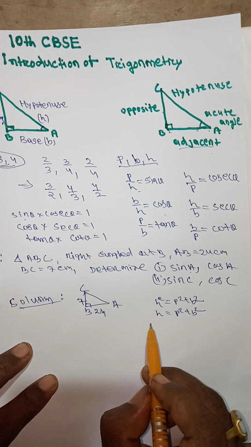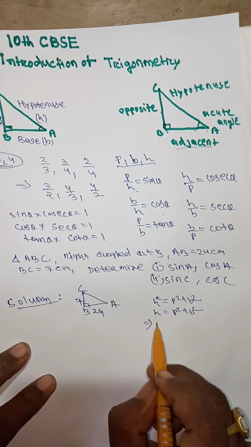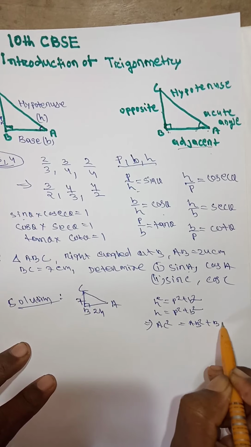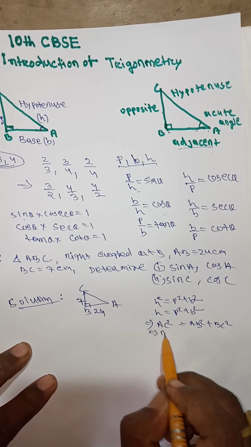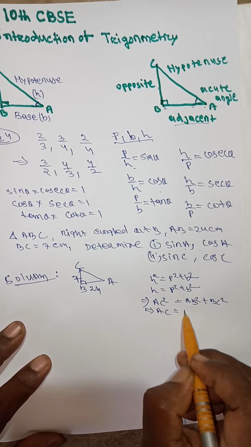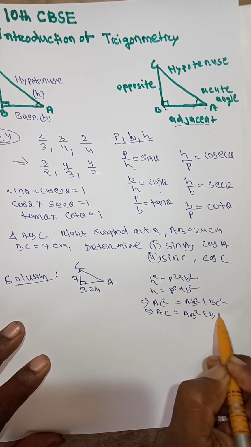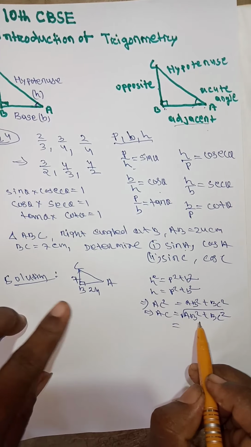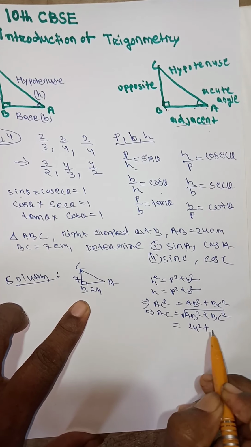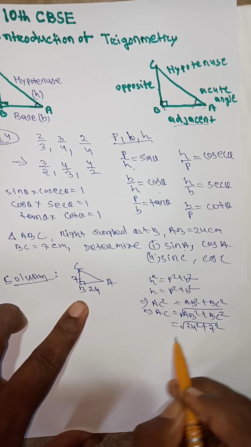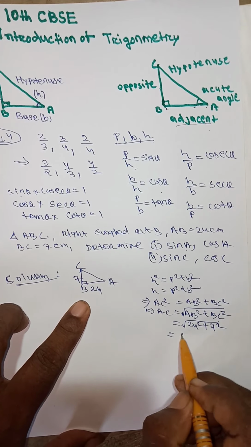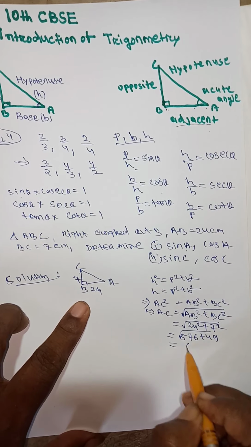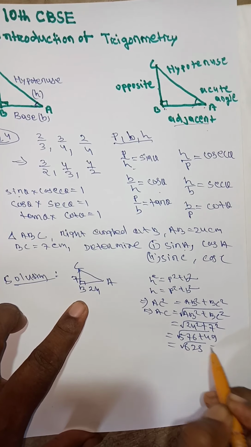So in this case AC square is equal to AB square plus BC square, which implies AC equals the square root of AB square plus BC square, which is equal to the square root of 24 square plus 7 square, the square root of 576 plus 49, equal to the square root of 625, equal to 25.